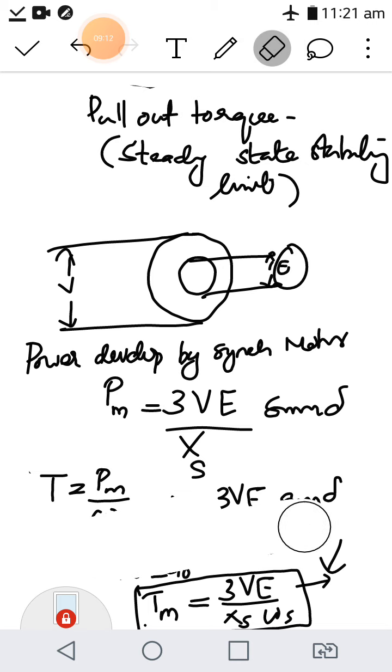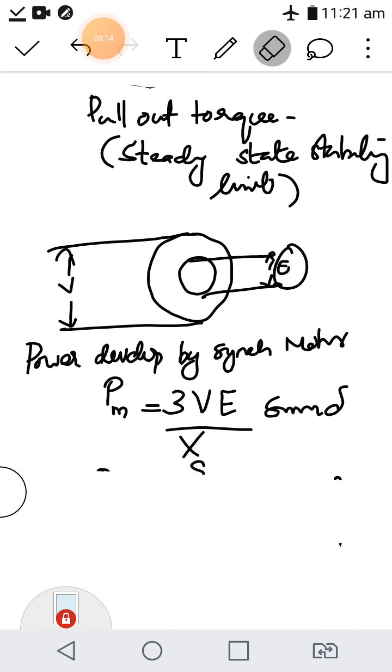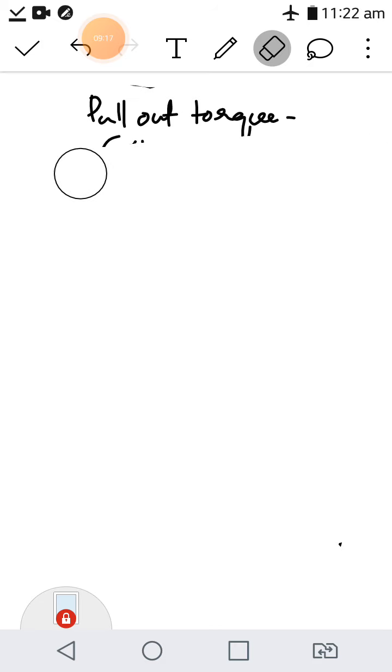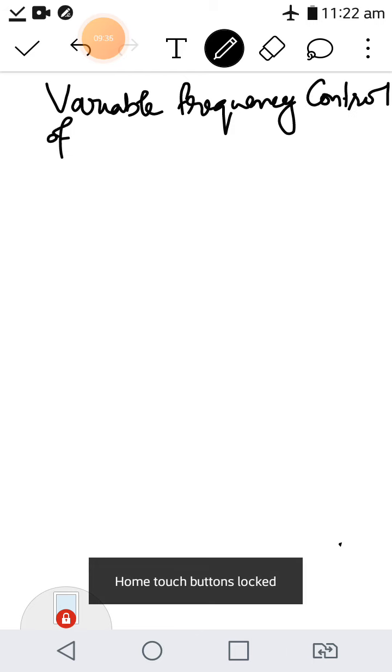Now we will just study the basics. The intro part is the V by F control basics in a synchronous motor drive. This is similar to an induction motor drive also, but again we will study it. The variable frequency control of synchronous motor.